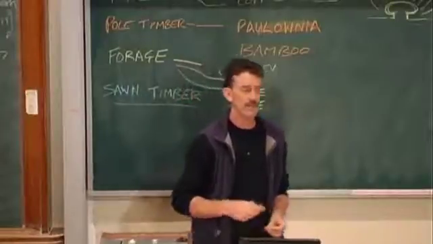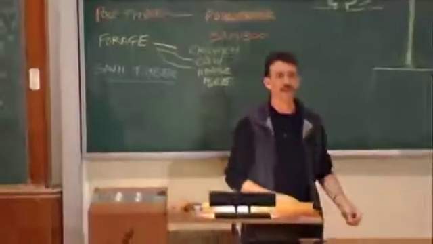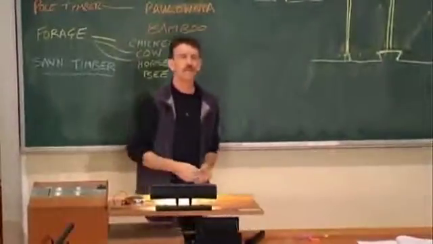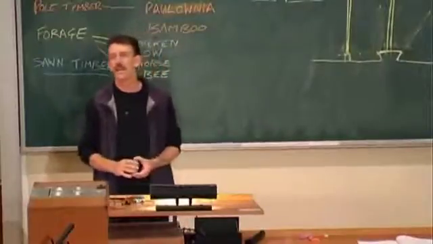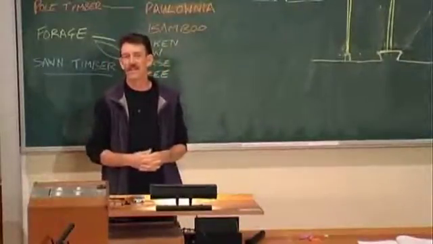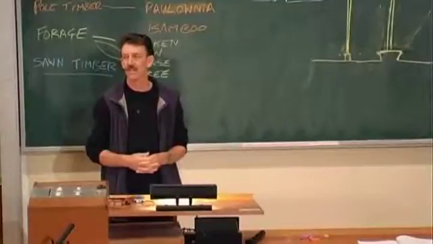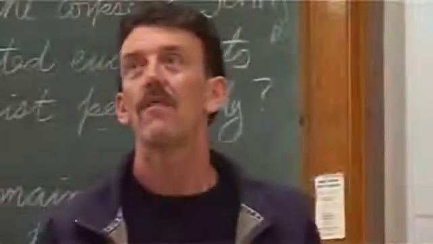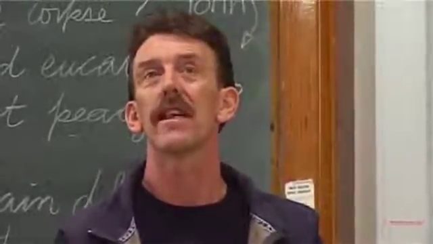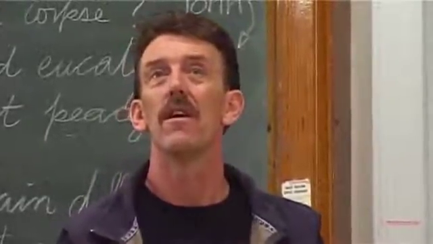Usually the replacement is a much lower quality timber. As you find here in Australia, what was rainforest, when it regenerates, often the slightly degraded land comes back as eucalypt forest.